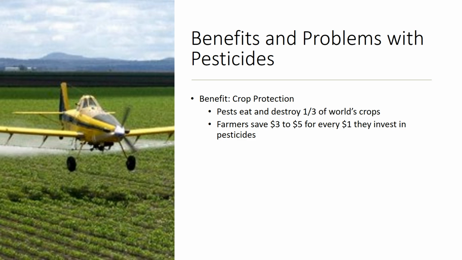Of course, you and I would associate most pesticide use with crop protection. All right. So it's not too uncommon to see airplanes flying over crop fields spraying pesticides. It's a pretty common practice.